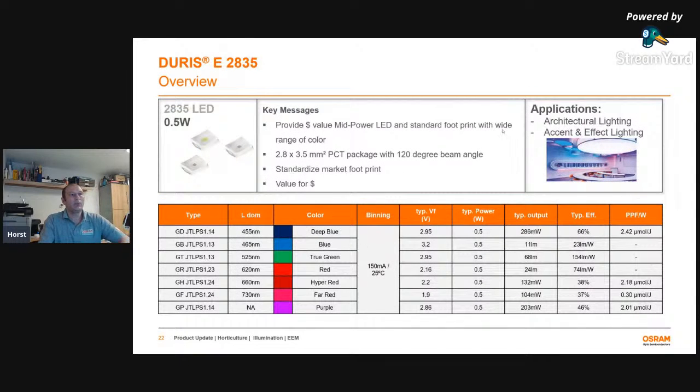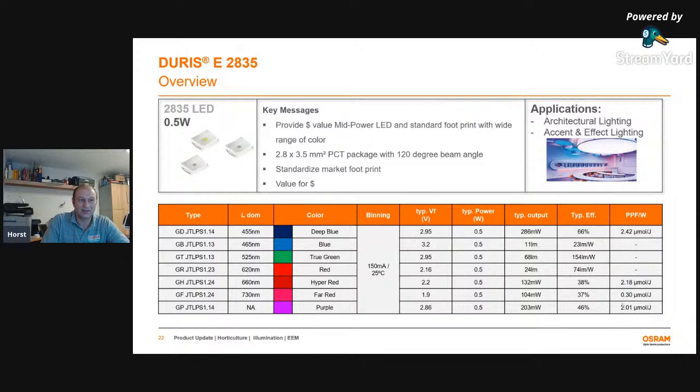And if we go now to even lower power LEDs, we can also take into account the 2835, which is more intended for architectural lighting. But as for architectural lighting, colors are important, and for horticulture colors are also important. So this is why you can also find the hyper red, the far red and the purple here, also with the mentioned micromole per joule in this column.